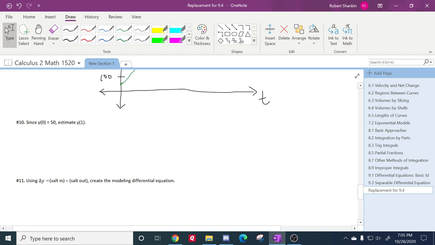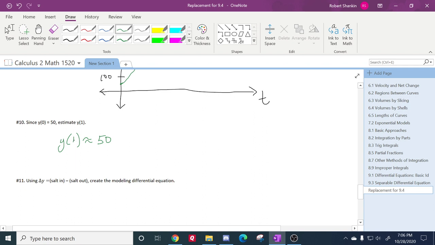Now, y sub 1 is going to be approximately 50. So, whenever we project out into the future on something, we know at time 0, and we're just starting our stopwatch, we know it's 50 gallons of salt in it, or 50 pounds of salt.